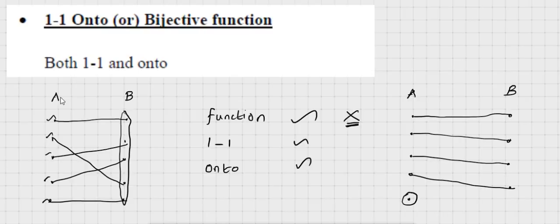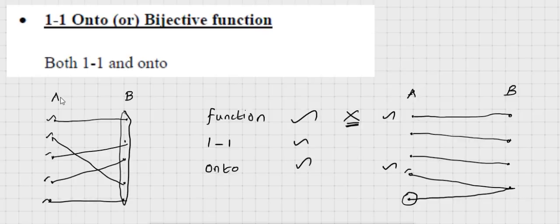Okay, so if I am making the output like this, now the function property is satisfied. Onto property is also satisfied, but the one-to-one property is not satisfied. Why?